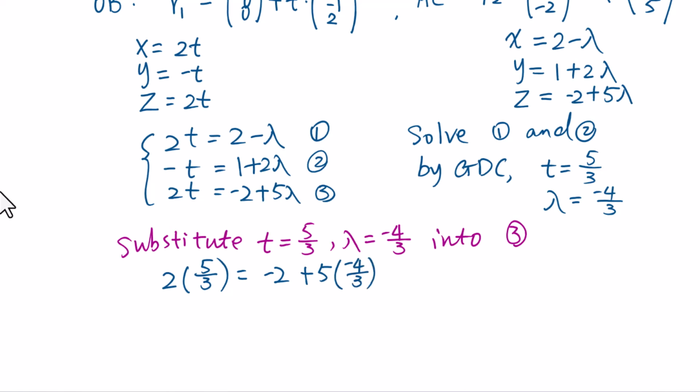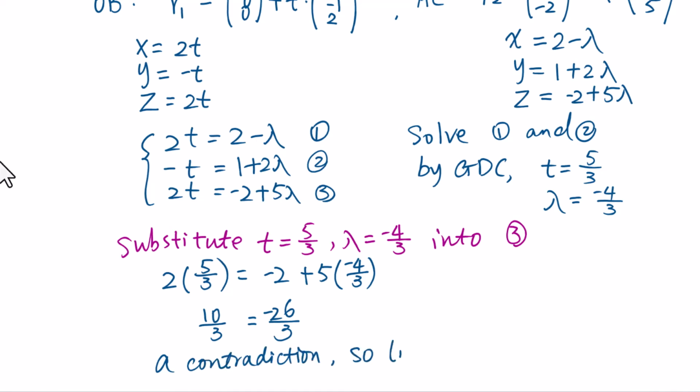Go to calculator. 10 over 3 equals... we got -26 over 3 on the right side. A contradiction. So line OB and line AC do not intersect.